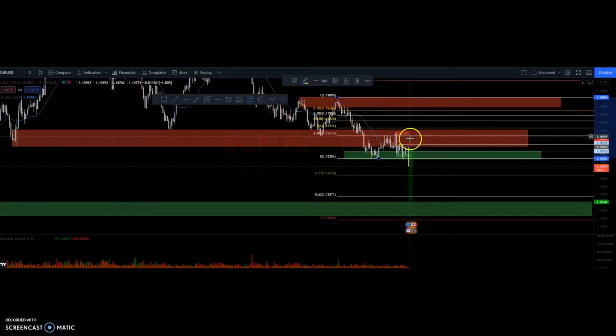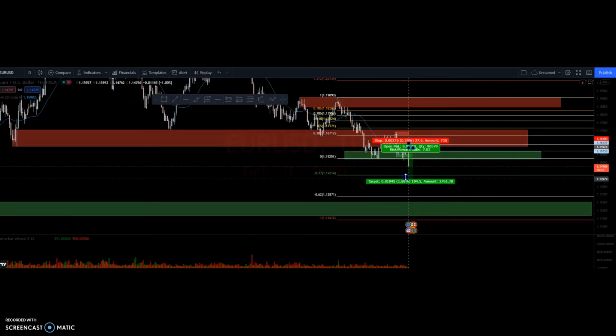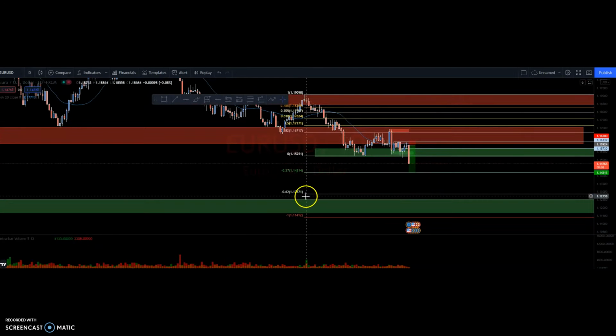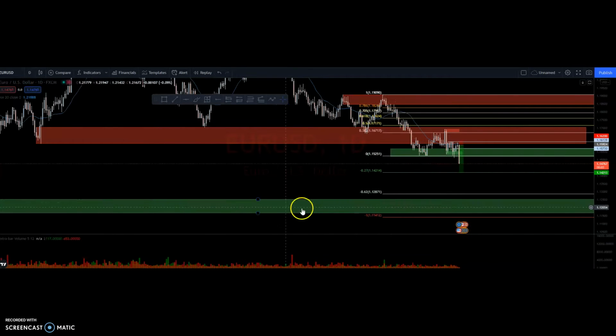You know, it retraced all the way to 3.8, and really, to be honest with you, this should really be take profit right there. That should really be take profit. If I'm going based off the Fibonacci, it's gonna end up in here. Definitely gonna end up in here.